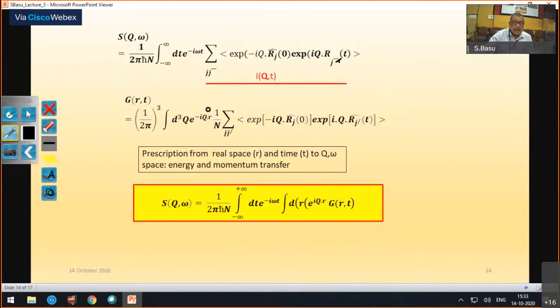And then I'm also defining g of r, t, which is the inverse Fourier transform. I'm going from q space to r space, integrating over q of this value. Now, what is this quantity? Because now I can write down my scattering law S(q, omega) as a double Fourier transform of a quantity g of r, t.